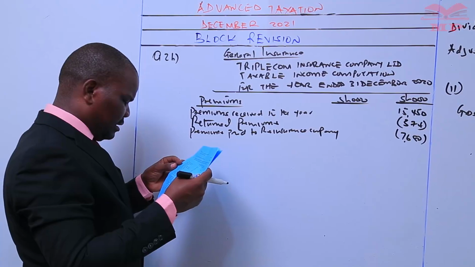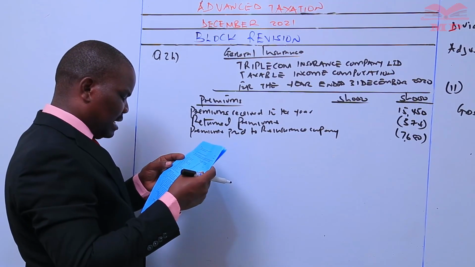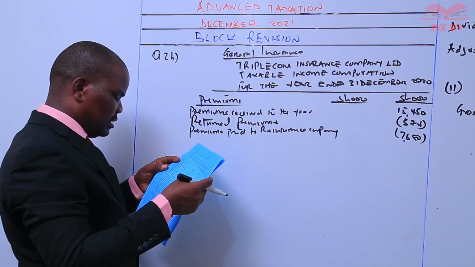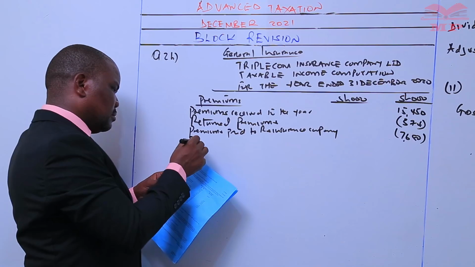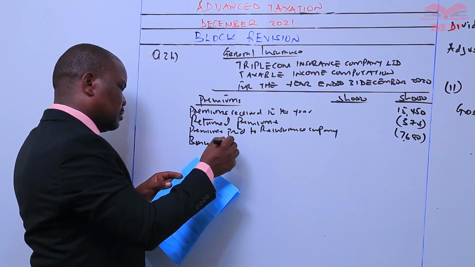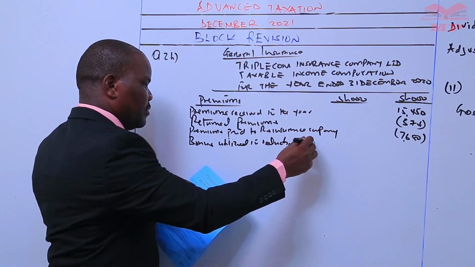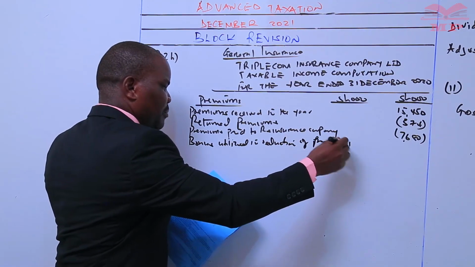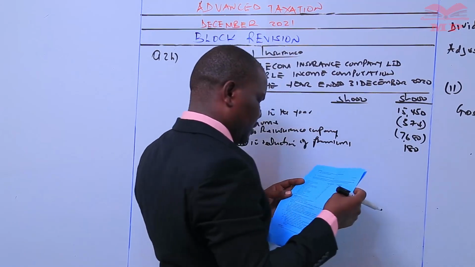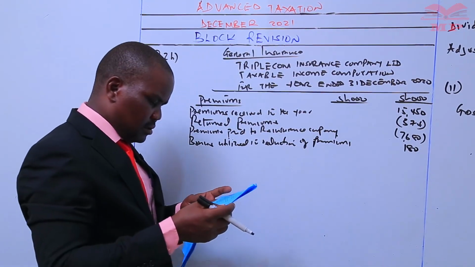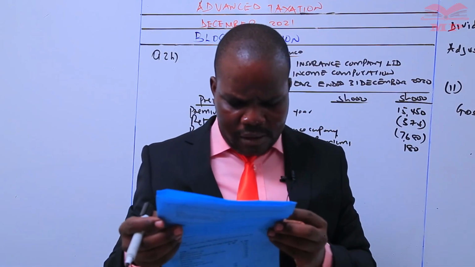Any other items affecting premiums? We have the last item down there called bonus utilized in reduction of premiums. That is an addition. Bonus utilized in reduction of premiums. That is bonus that were to be paid to the insured, but then the company retained them in exchange of premiums that were to be received from the insured.